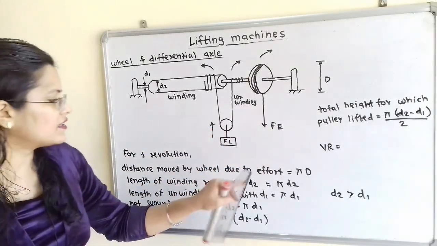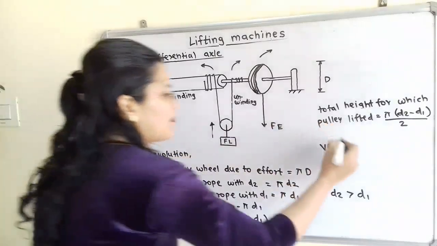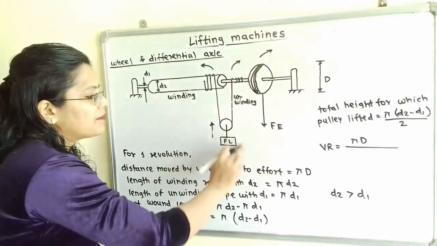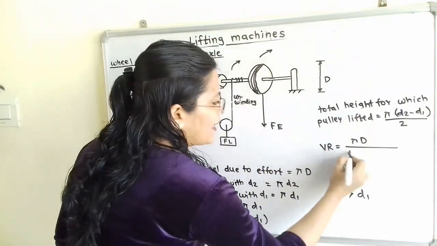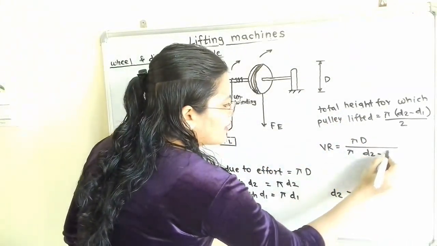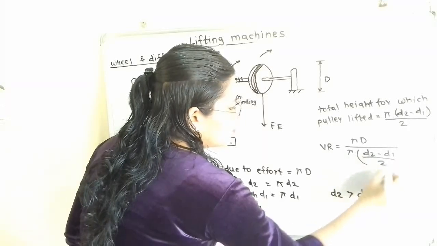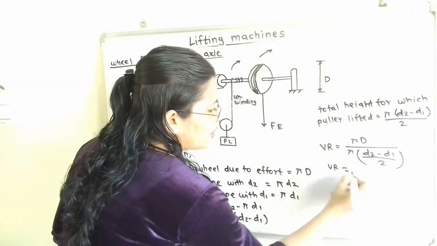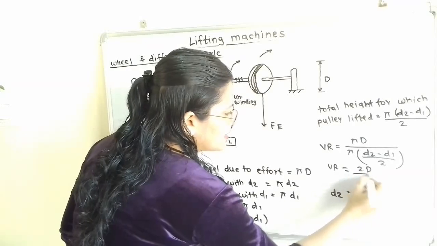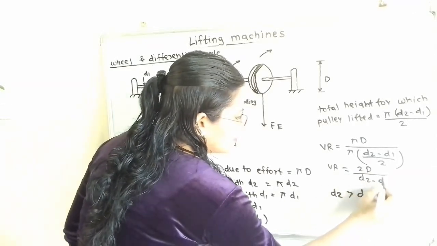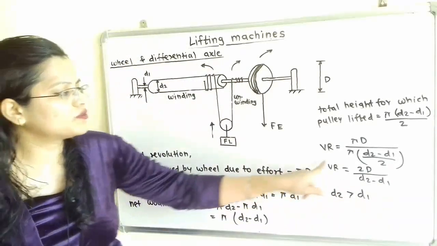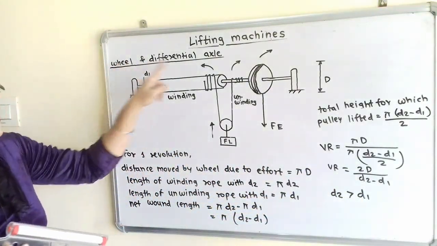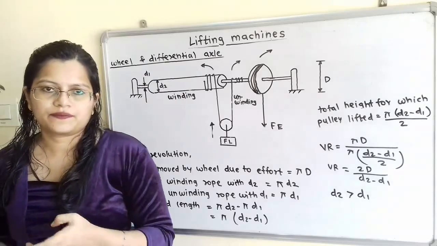So we can write here the distance moved due to effort is pi D divided by the distance moved by the load, which is pi into d2 minus d1 divided by 2. Now this pi is getting cancelled, so the final formula for VR is 2D divided by d2 minus d1. So this is the formula we have to use for the velocity ratio of the wheel and differential axle.